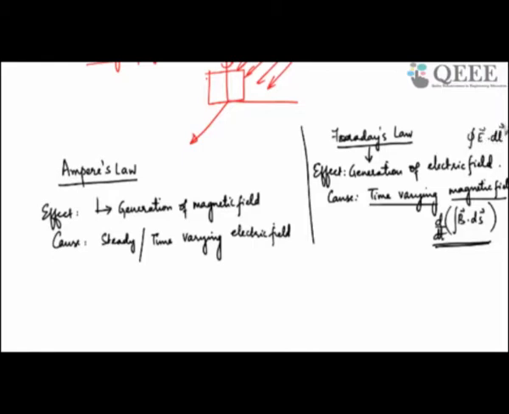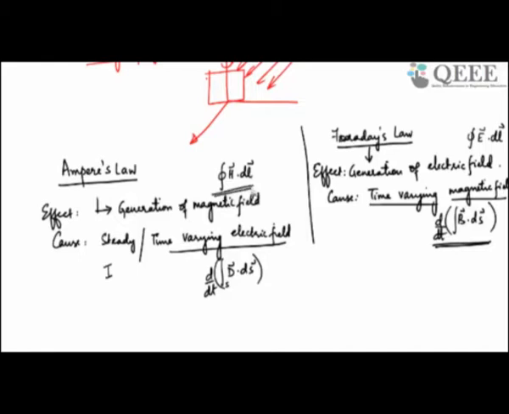If I apply the same parallel, a time varying electric field, which is d by dt of the surface integral of D dot ds, this is electric flux, will produce magnetic field. This has to produce H dot dl. But a steady current also produces H dot dl.